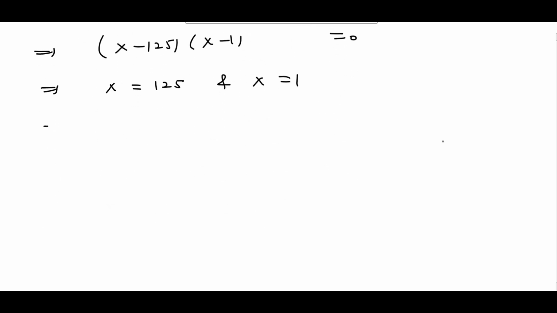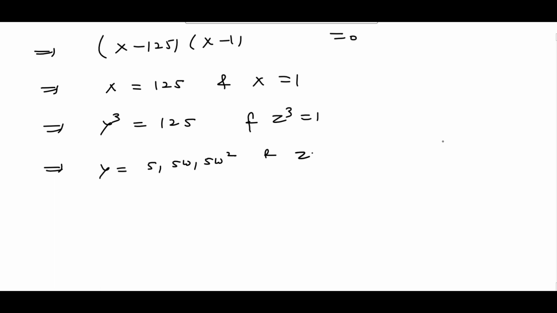So we can write here that y cube is equal to 125 and z cube is equal to 1. So the values of y are 5, 5 omega, 5 omega square and z is equal to 1, omega, omega square.